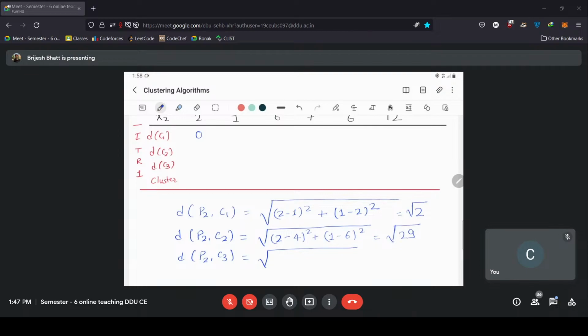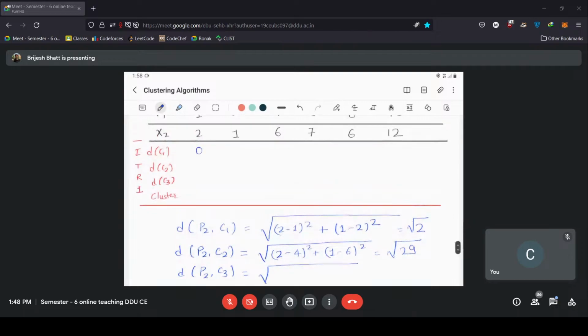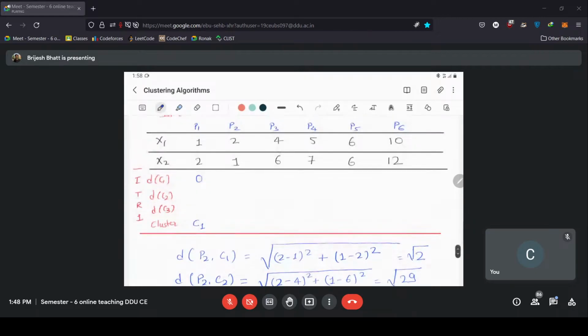We know that the minimum is C1, so C1 will be assigned. So data point 1 is assigned cluster 1 after iteration 1. Data point 2 is also assigned cluster 1 after the first iteration, and so on. So finish this calculation and tell me the final assignment after iteration 1.